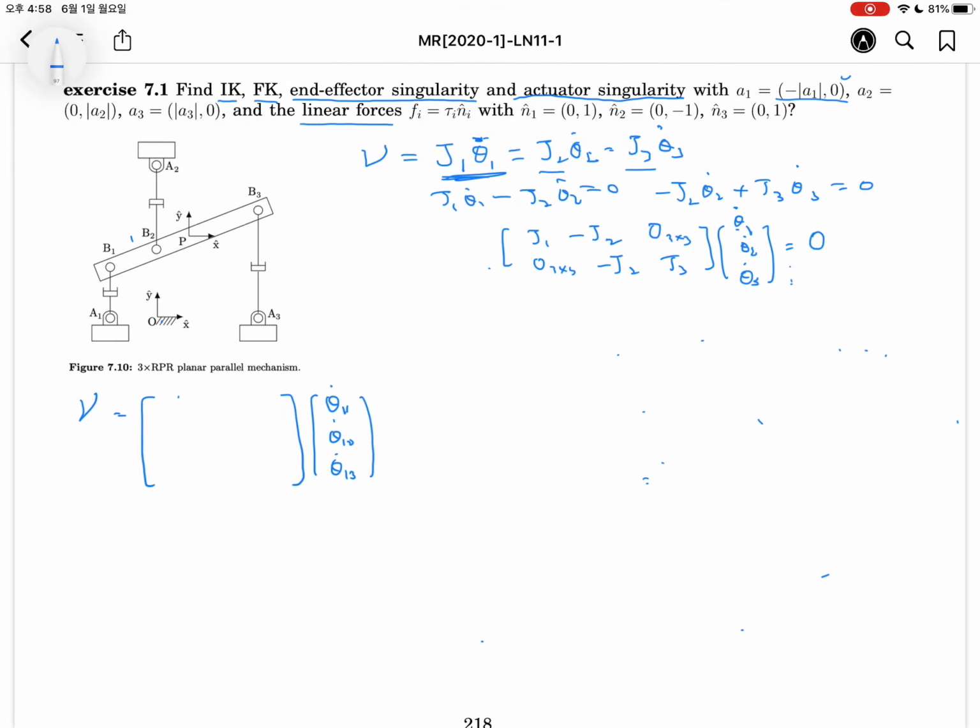The first column is about the A1. Every twist will be obtained using the space frame. So this rotation velocity will be normalized using a 1. Is it right?